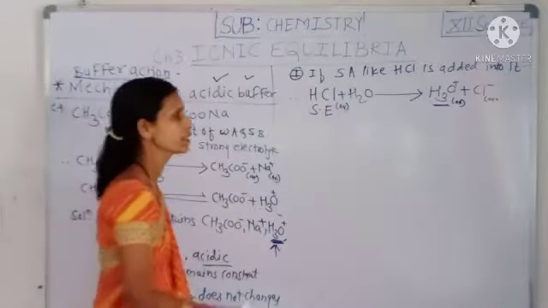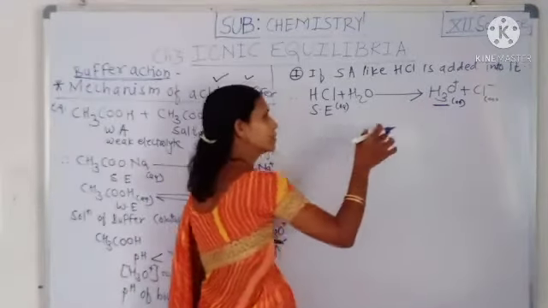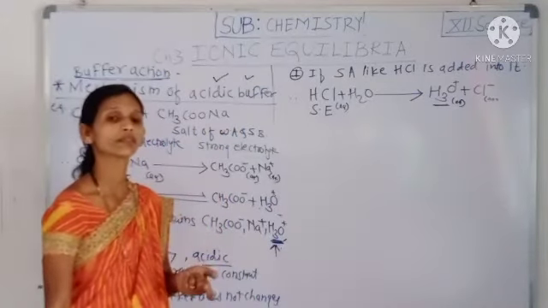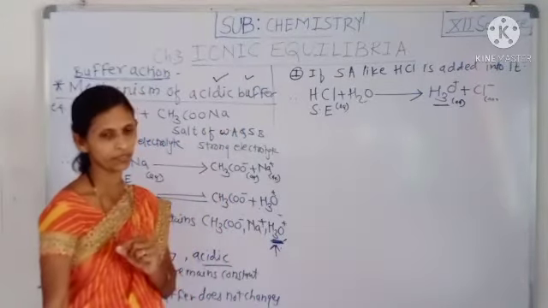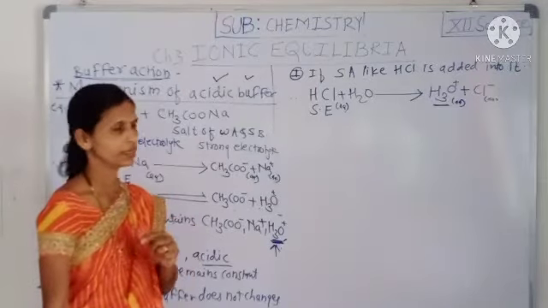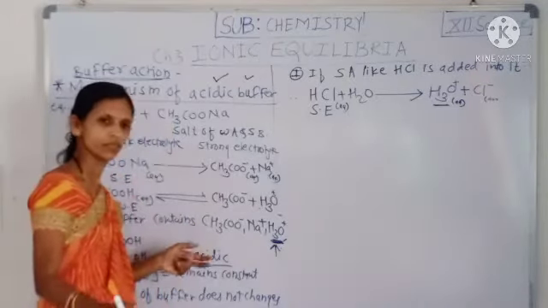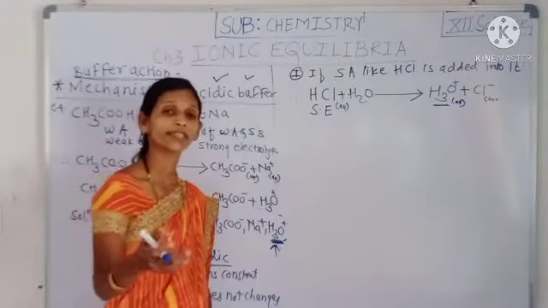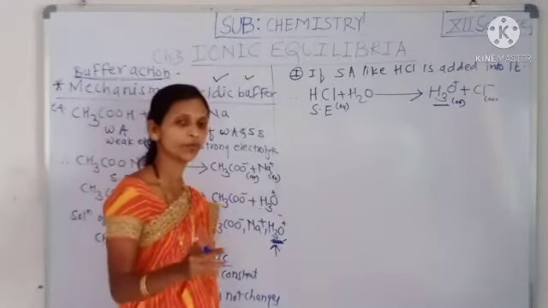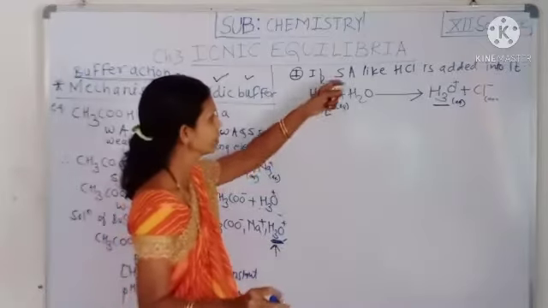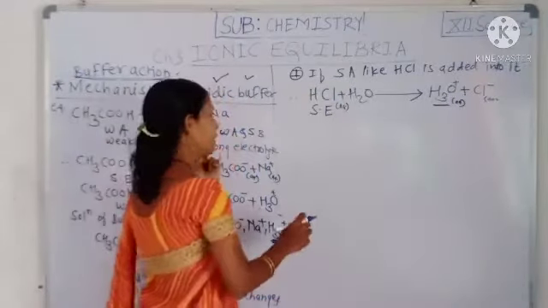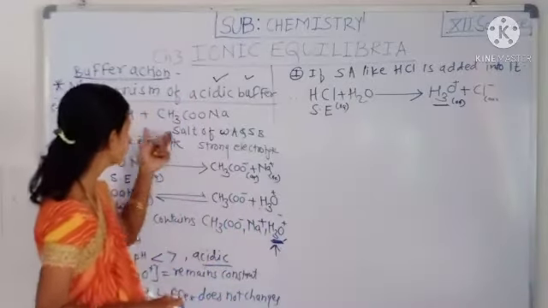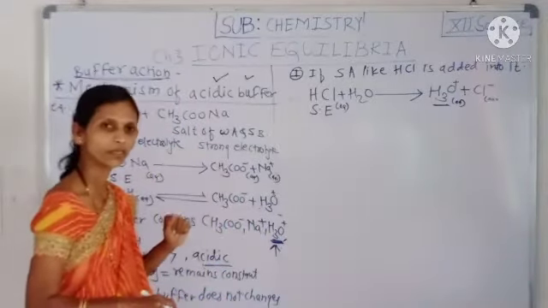But when the hydronium ion increases, the pH of the buffer would be disturbed. However, a buffer has the action to restrict the change in its pH even after addition of a strong acid. Then how is the pH maintained?